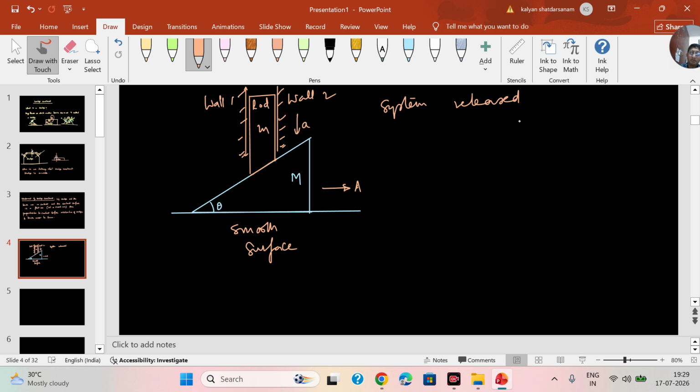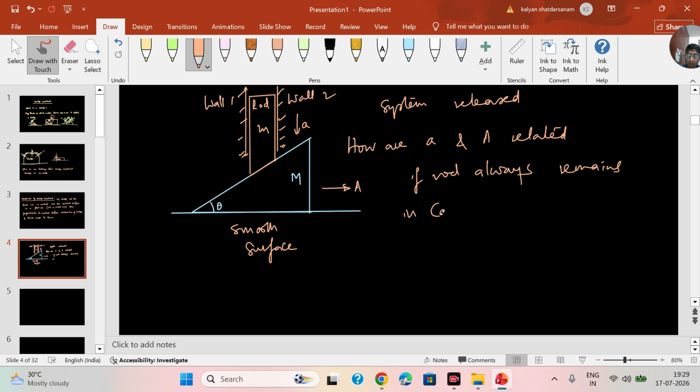Now, what will be the relation between small a and capital A? How are a and A related if the rod always remains in contact with the wedge? That is basically I'm asking the constraint.